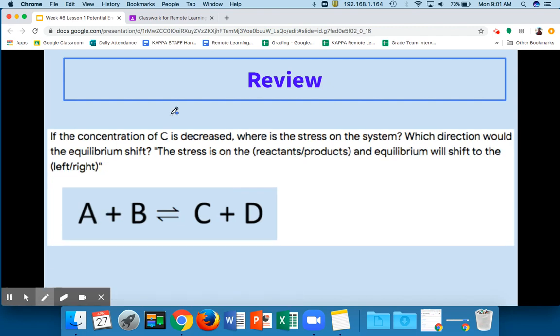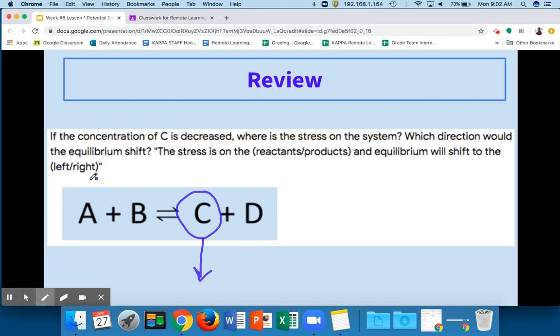Okay, next one is really similar. If the concentration of C is decreased, where is the stress on the system? Which direction would the equilibrium shift? So if there is a decrease in C, that means the stress is on the product side and that there is not enough product.